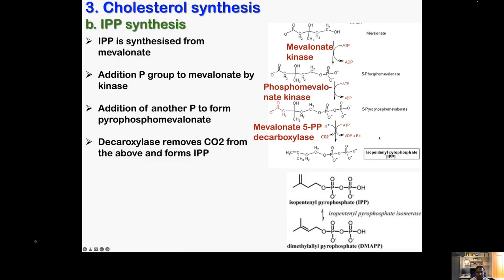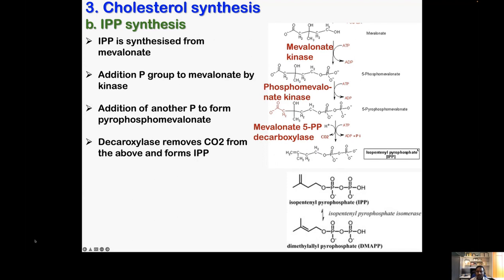This pyrophosphate mevalonate then releases carbon dioxide, utilizing energy, and finally produces isopentenyl pyrophosphate. Here the decarboxylase enzyme is removing a carbon dioxide.